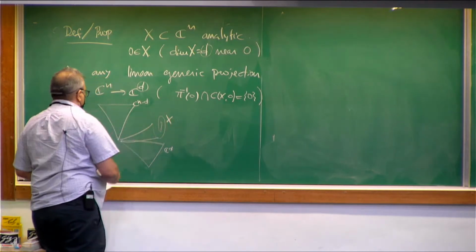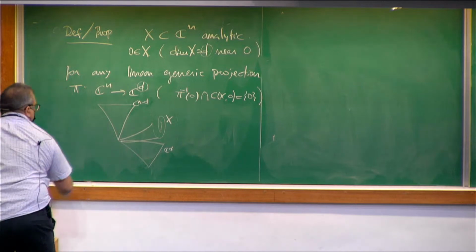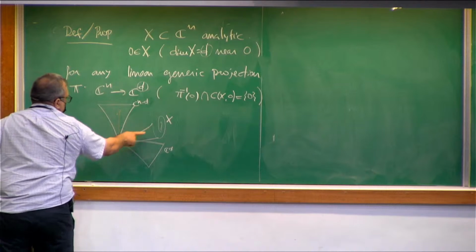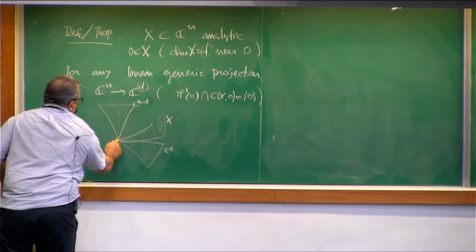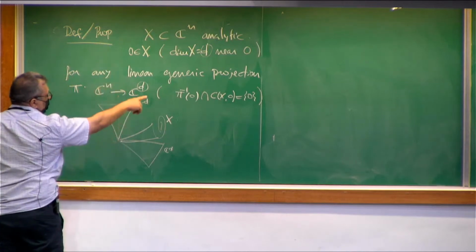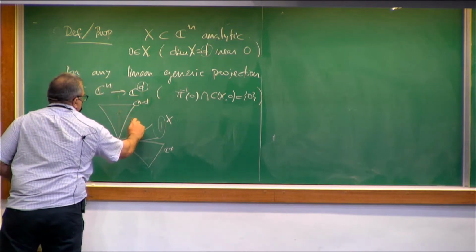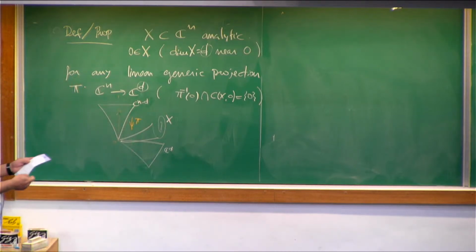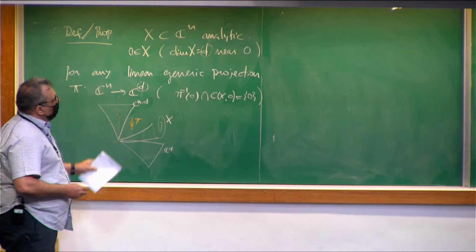This is X. And we are supposing that in this vertical direction, there is no tangent vector to X at 0, okay? The vertical direction is the direction of the kernel of π. This is the situation.